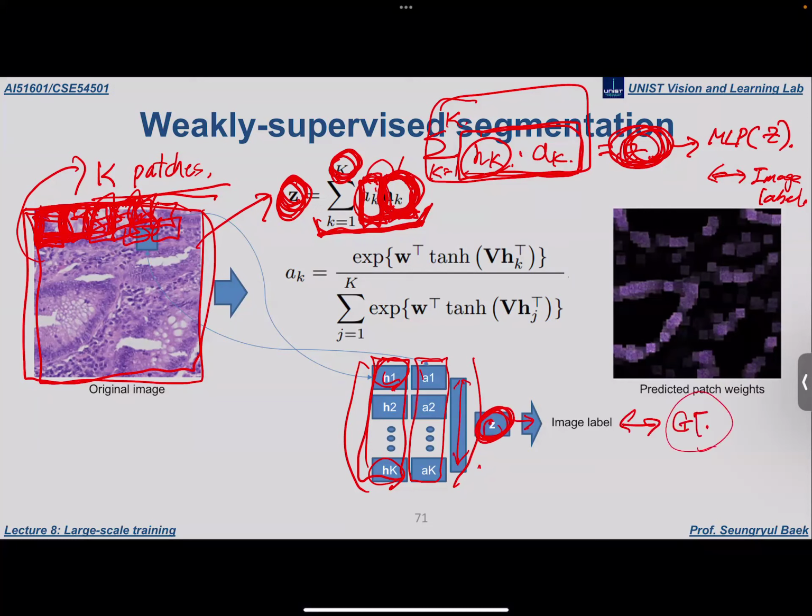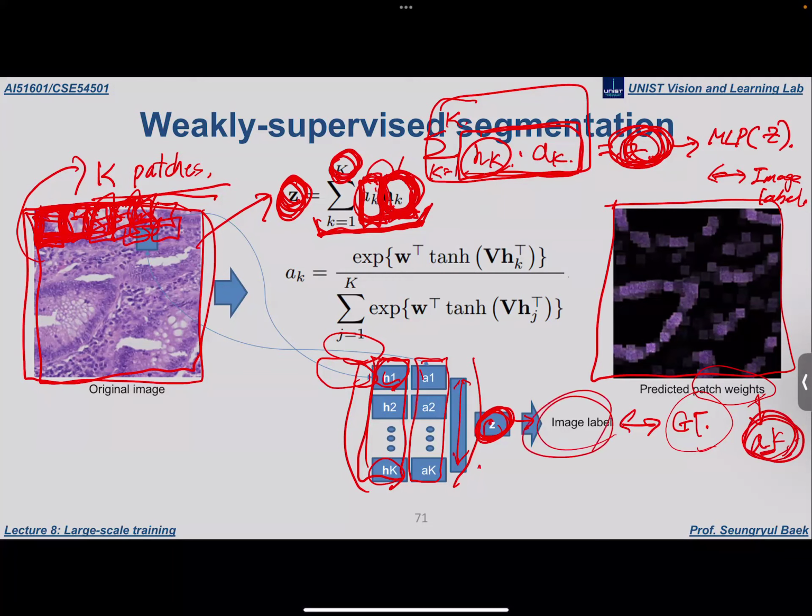By doing this, we can train both the network that extracts features for each patch and the one that extracts the weight for each patch. So this is the visualization of the patch weights, which is the A of K. A of K now indicates how much each patch is related to this image label.